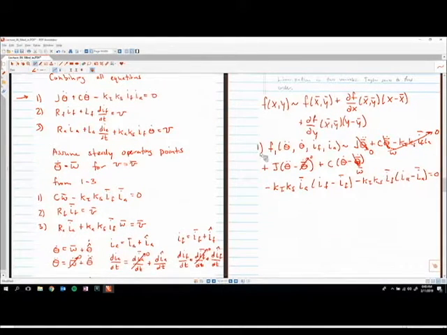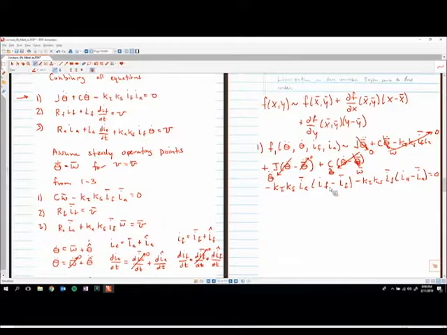Other terms that are going to make our life easier: we know that theta double dot from down in this bottom left is equal to theta hat double dot. So we're trying to get everything to be in hat variables, just like you did in your project. So this whole term can go to theta hat dot.